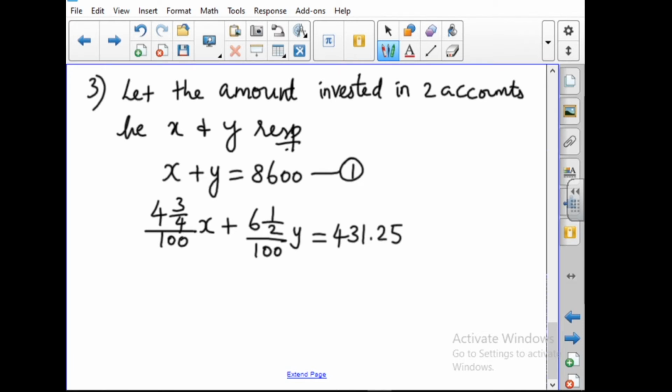Use the determinant method. The determinant method is nothing but Cramer's rule. So let us find the values. 4 into 4 is 16, 16 plus 3 is 19. So 19 divided by 400 x plus 13 divided by 200 y is equal to 431.25.